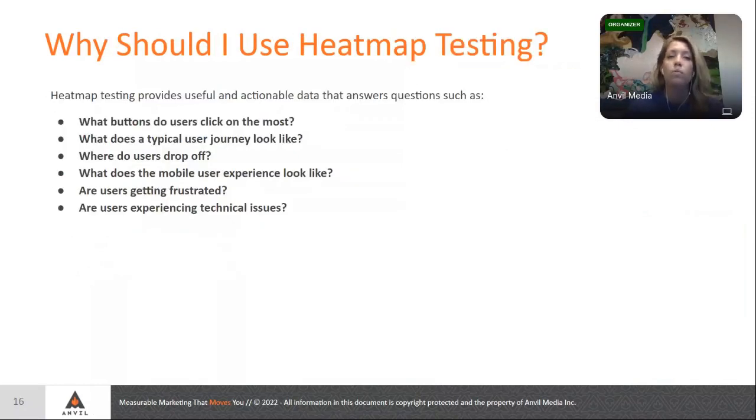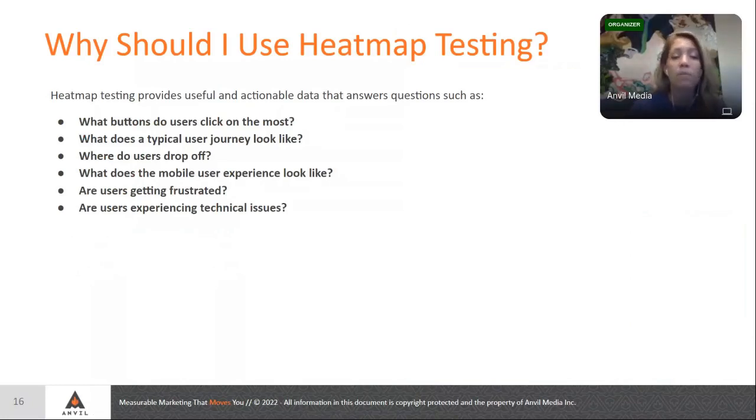The reason we use heat map testing is to get deeper insights into user behavior and customer journeys throughout your website. We can get a wide variety of understandings around user behavior, but some of the more common reasons we use heat map testing is to understand things like what buttons users are clicking on the most, what the typical user journey looks like, so where the user lands when they come on the website, what pages they typically visit, if they leave the website, and what page they were on when they left.